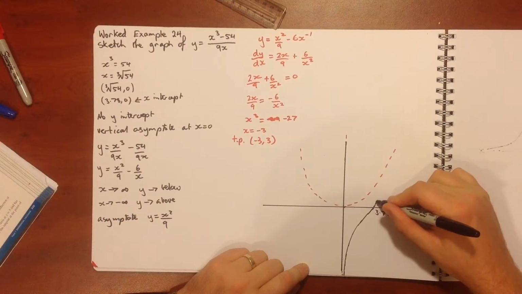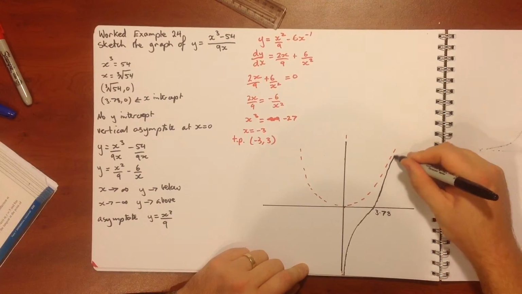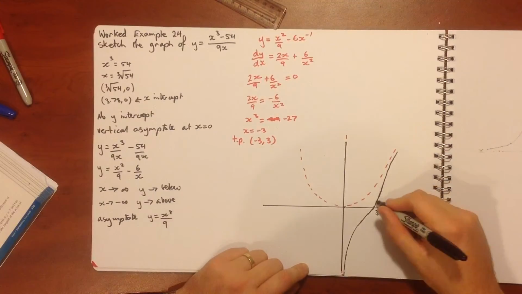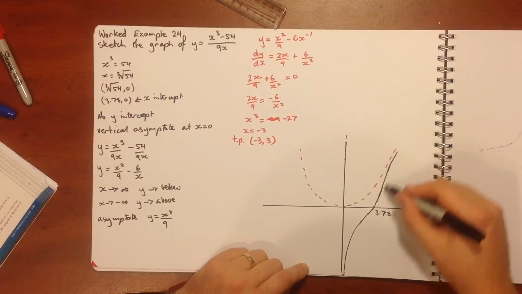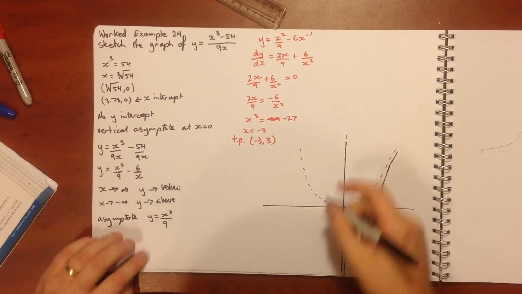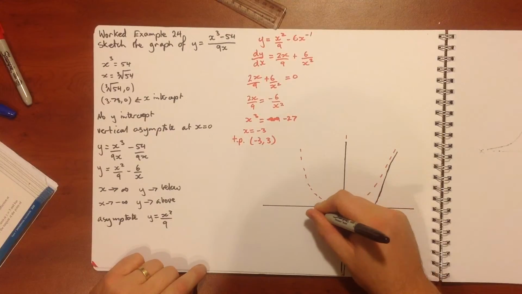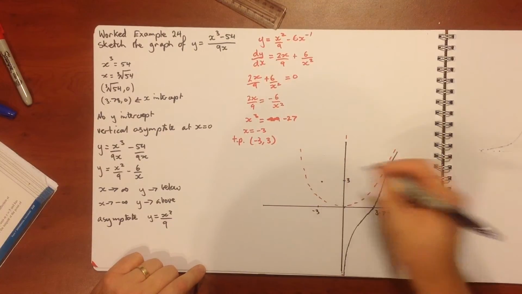So we're working in well here. It's going to be something like this happening. I probably haven't done that very well. We should be a little bit smoother through there. Sorry about that. And then we also know we've got a turning point at -3, 3. So we're going to be in here somewhere.